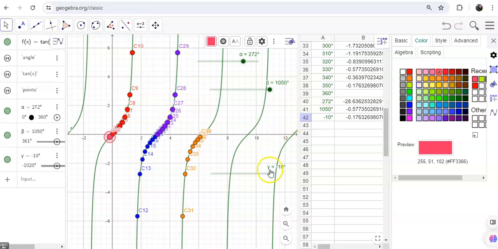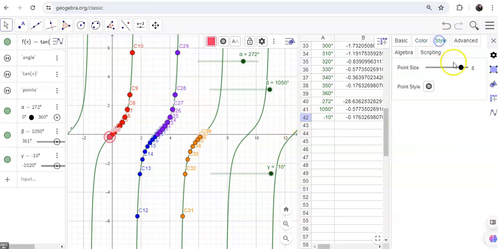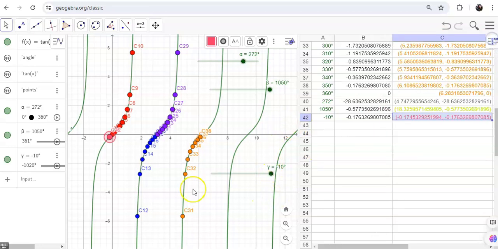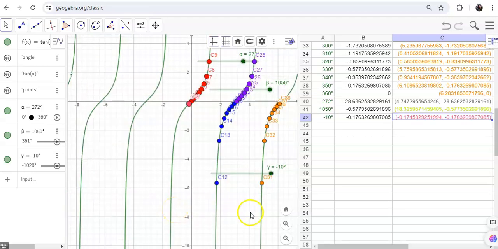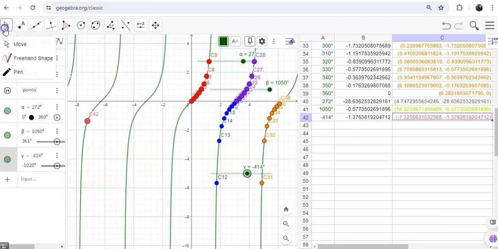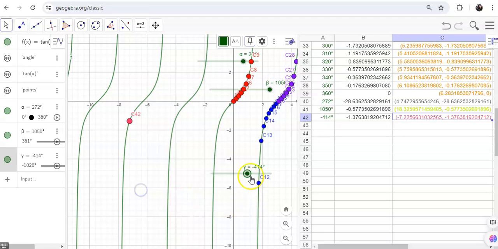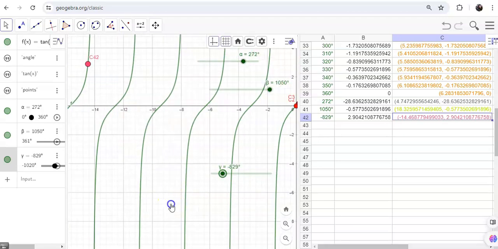Okay, let's have pink points. Are you ready to slide the slider with me? So let's do so. Alright, so the tangent function graph continues at the left side of the y-axis.